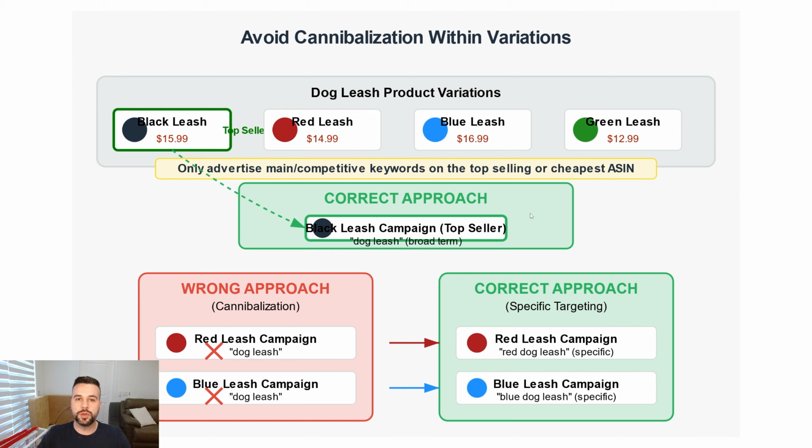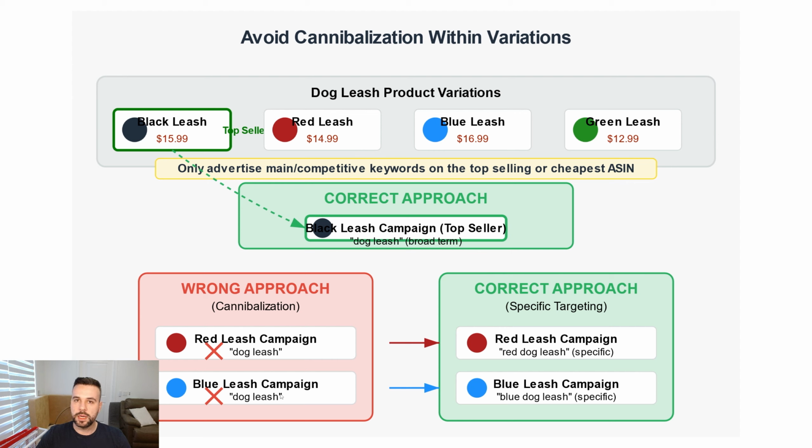You do not then want to take these keywords and advertise them on the other colors. You're only focusing on either the top seller or the lowest priced variation for these keywords. So dog leash, for example, is only going to be advertised on the black leash, which is the top seller. Red leash, nope, it's not going to have dog leash.